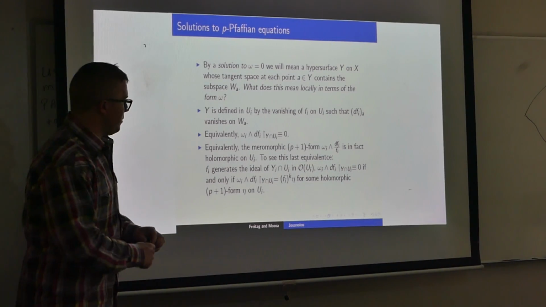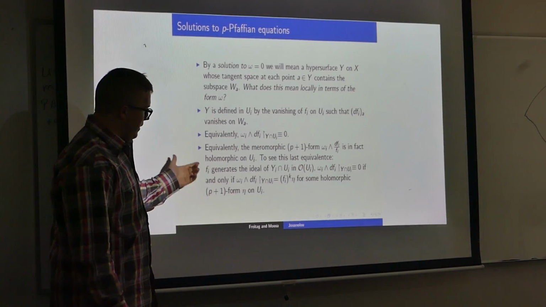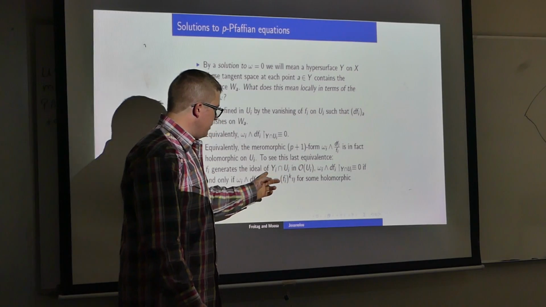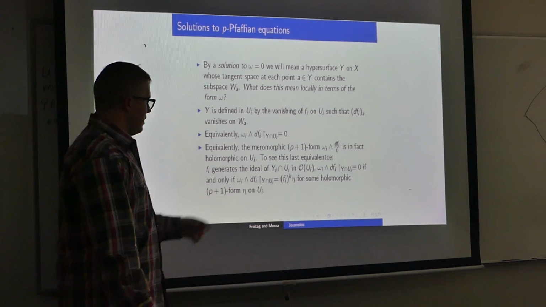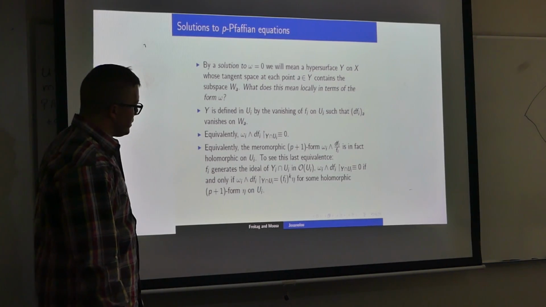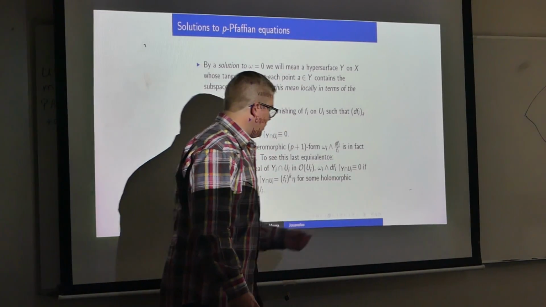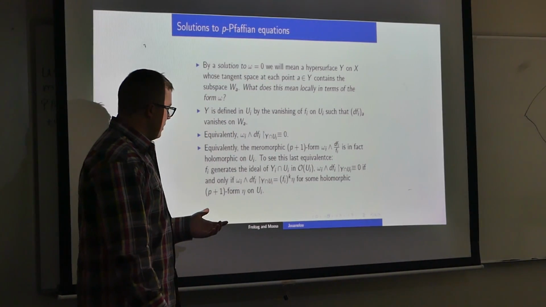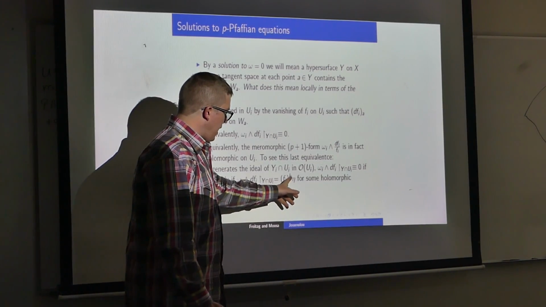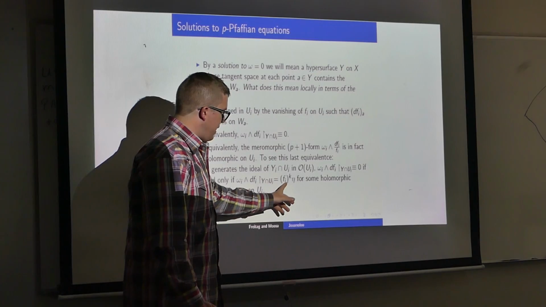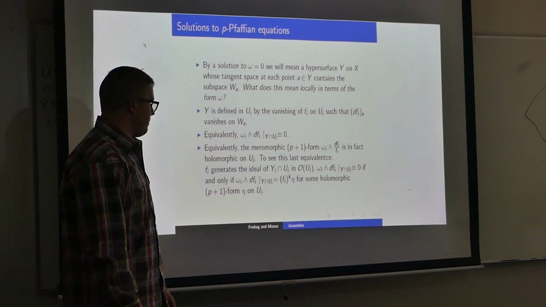So if you look at this, the f_i is the generator of this ideal in the ring of regular functions on U_i. And so this being equal to 0 there precisely means that it's some positive power of f_i times a holomorphic function there.